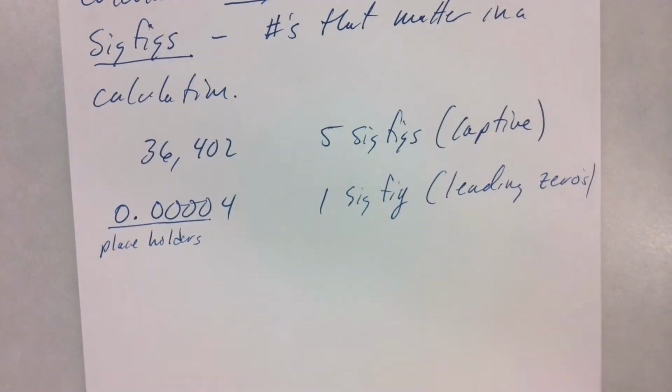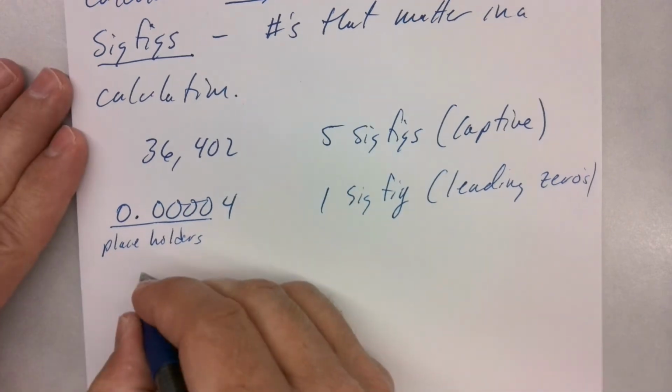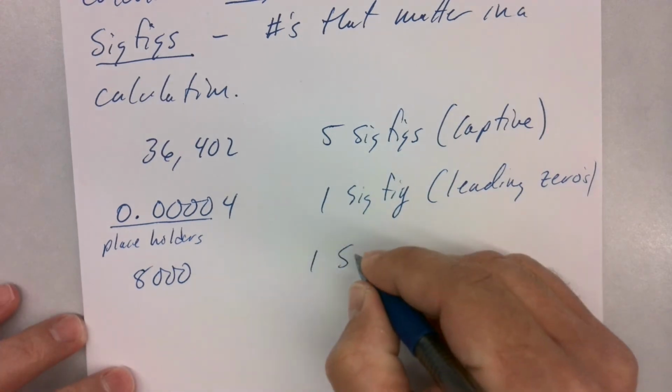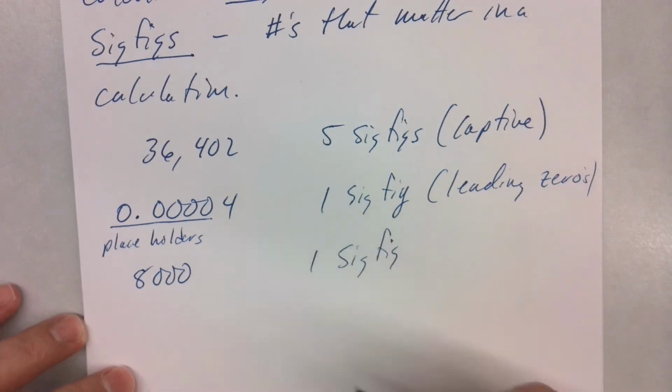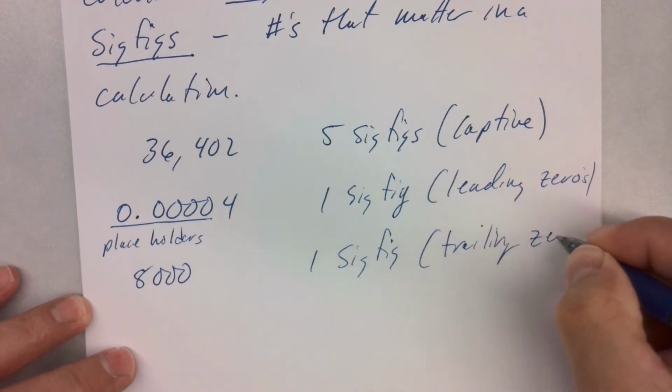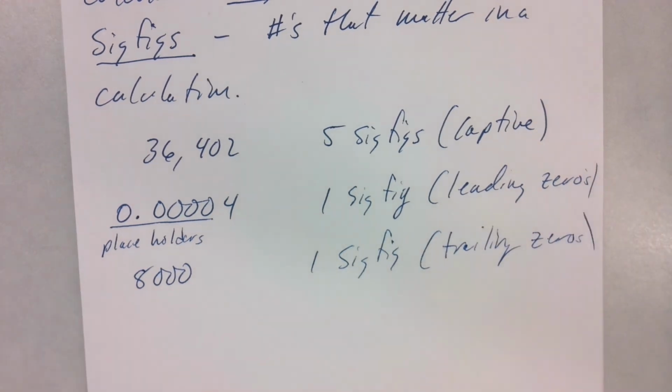The same thing happens if the 0 is at the end of a number, as long as there is no decimal. Like if I wrote 8,000 like this, that has 1 sig fig. Okay, and they are what is referred to as trailing zeros.